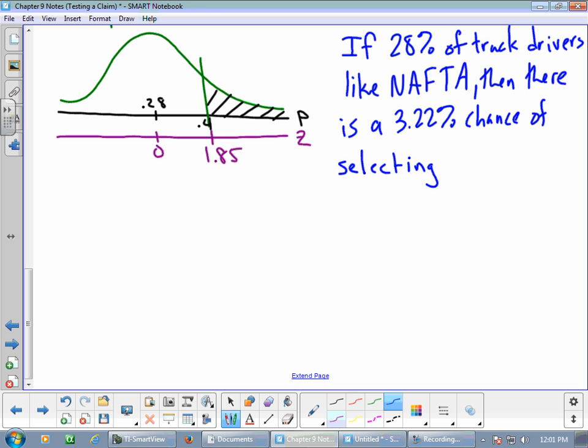And really it's a sample of 48, but selecting a sample where at least 40% support NAFTA.